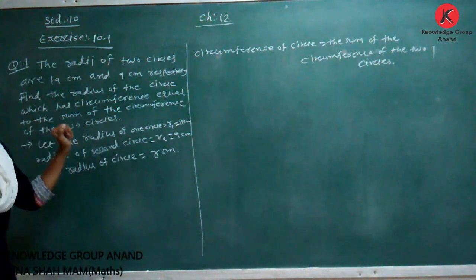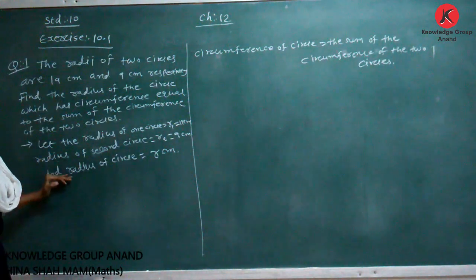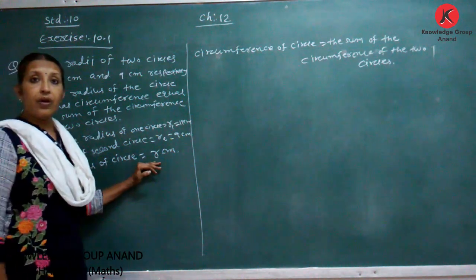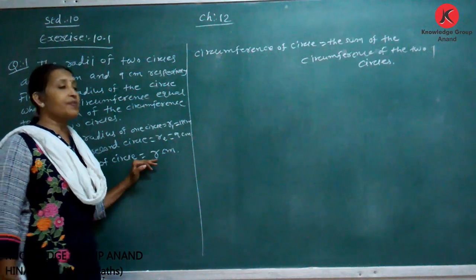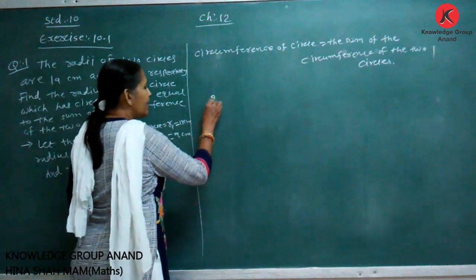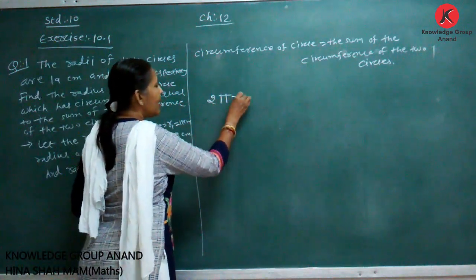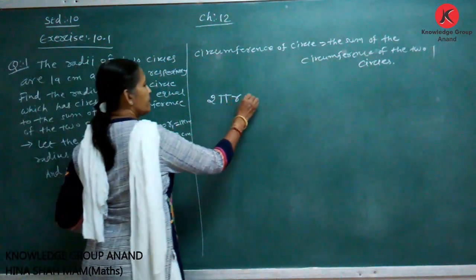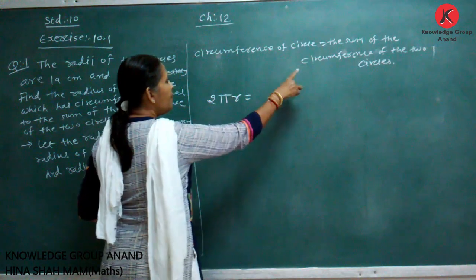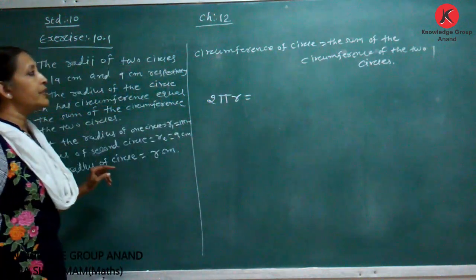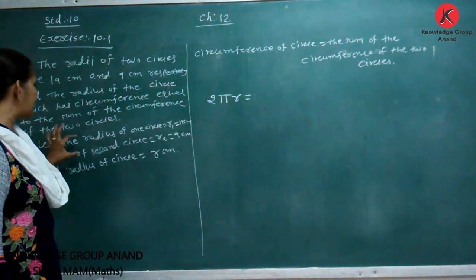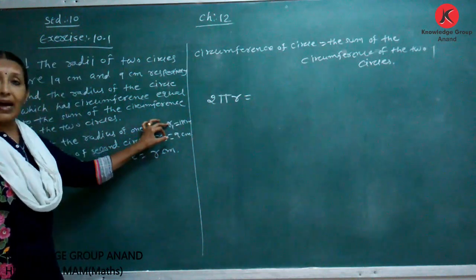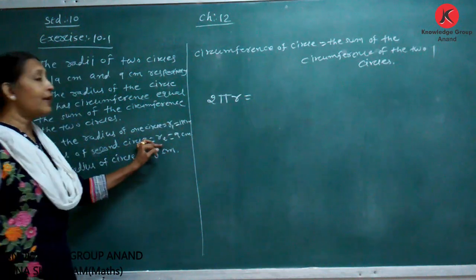Circumference of the first circle. What is the formula? Circumference of a circle is 2 pi r. Then we write here 2 pi r equals the sum of the circumferences of the two circles which have radius r1 and radius r2.